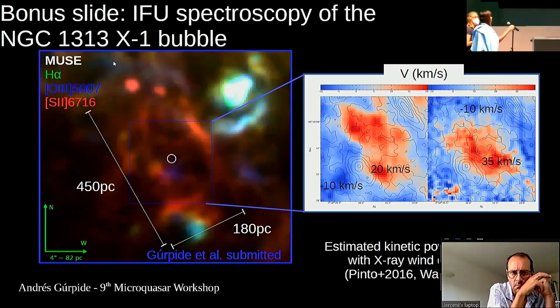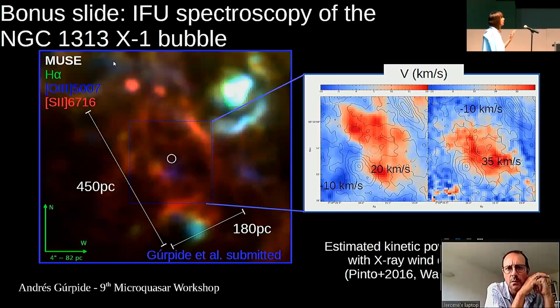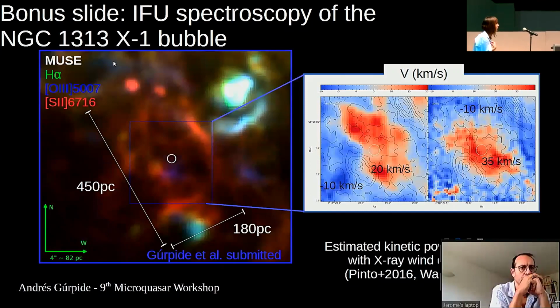People did mention the Shakura-Sunyaev alpha. What sort of range would you get? For what, sorry? For the alpha SS, the Shakura-Sunyaev viscosity parameter. Ah, the alpha parameter, in the spectral modeling.